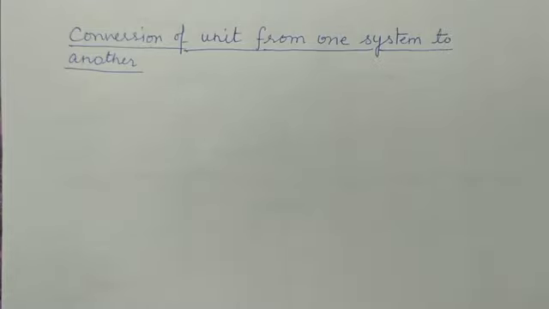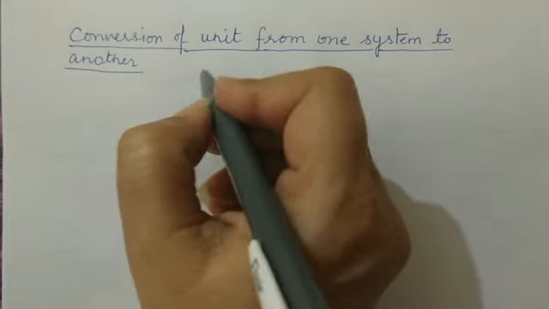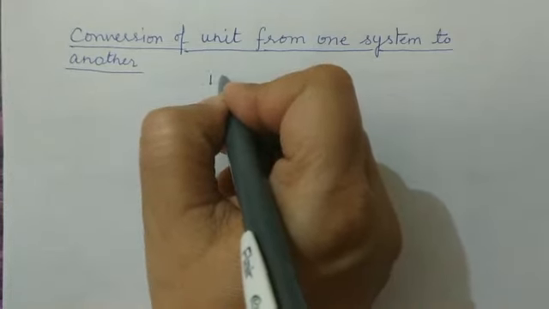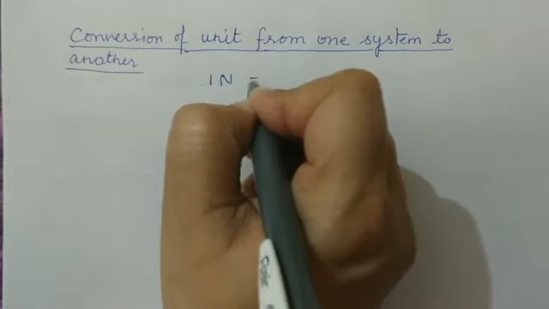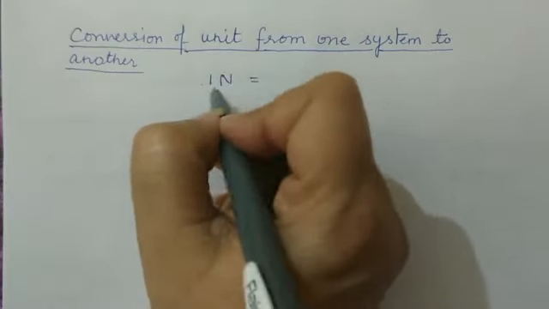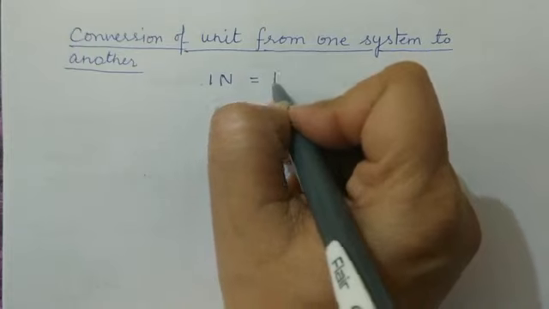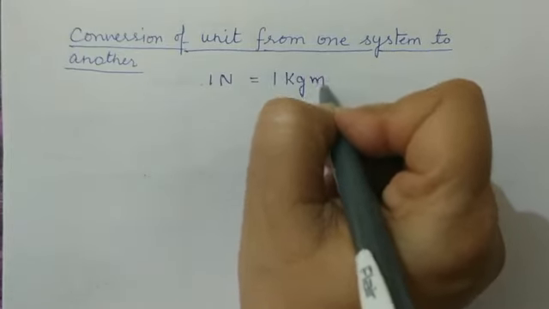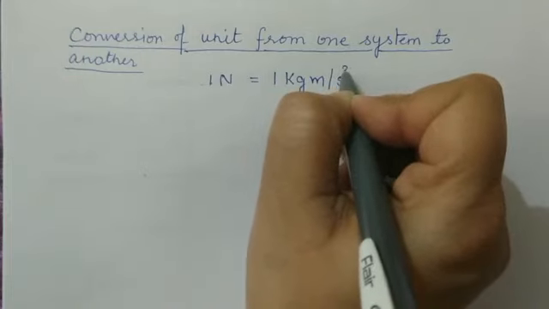Now we'll see how we can convert a unit from one system to another system with the help of dimension. We'll do this by taking an example. Suppose we have been given a force 1 Newton. This is to be converted into CGS system. Now 1 Newton is equal to, in SI units, it is written as kilogram meter per second square.